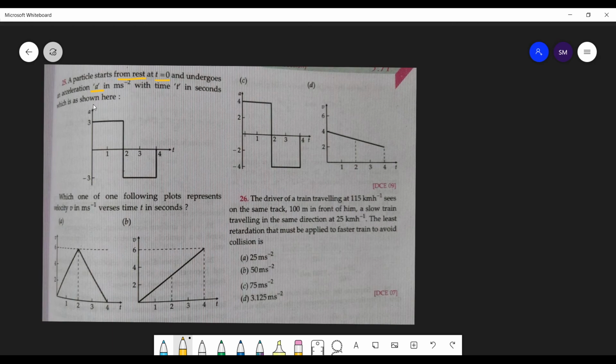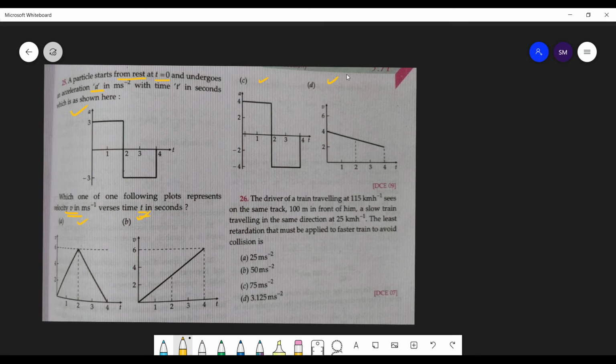This is an a versus t graph that is shown to you. Which of the following plots represents the v versus time graph? From this a versus time graph, you have to show which graph you will get as v. So you have these four graphs, 1, 2, 3 and 4. Tell me.